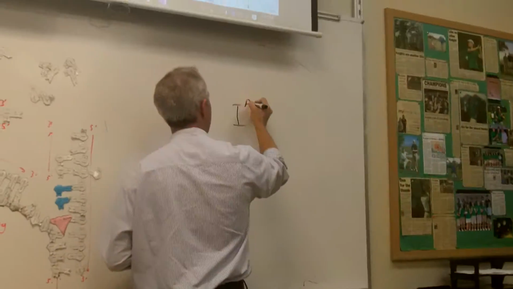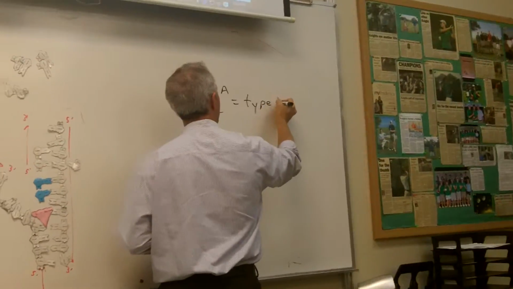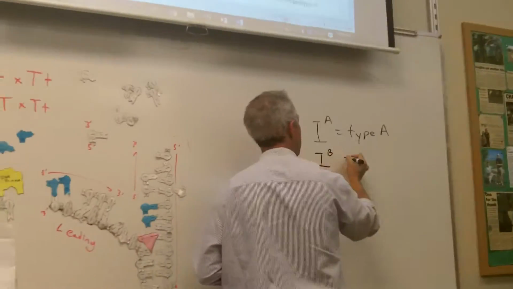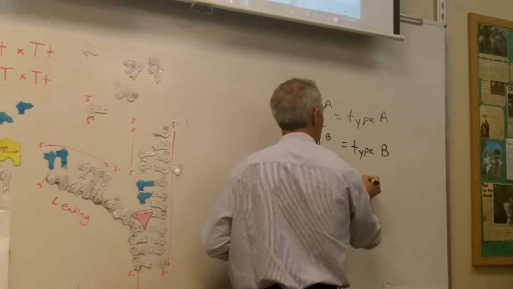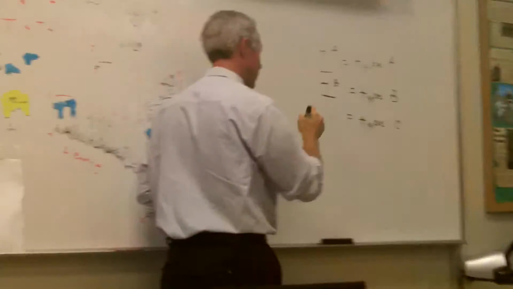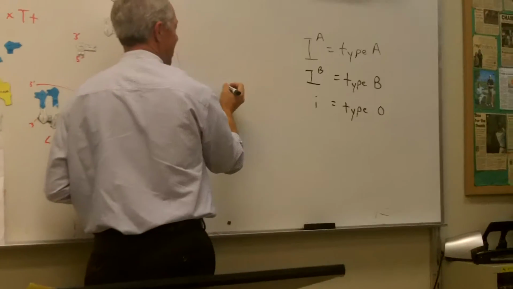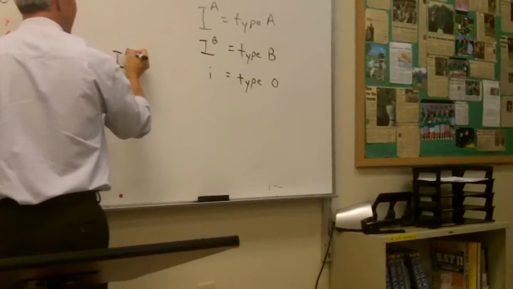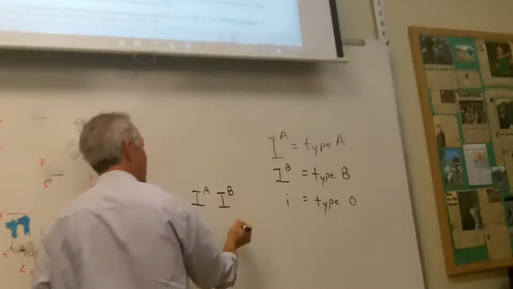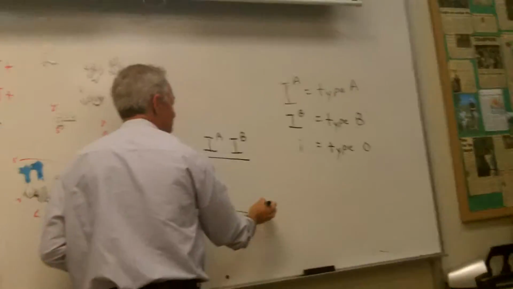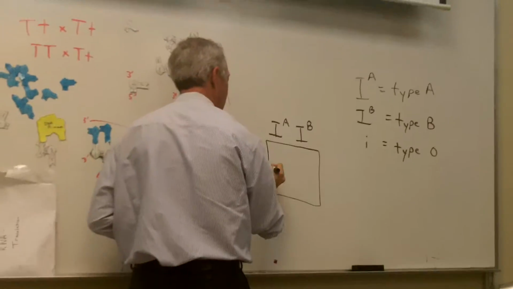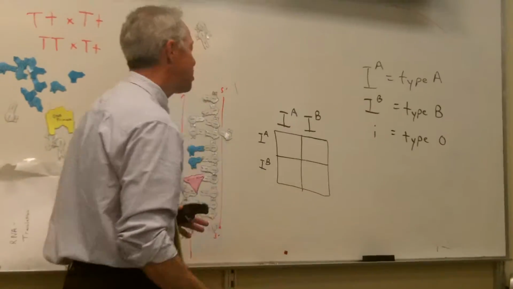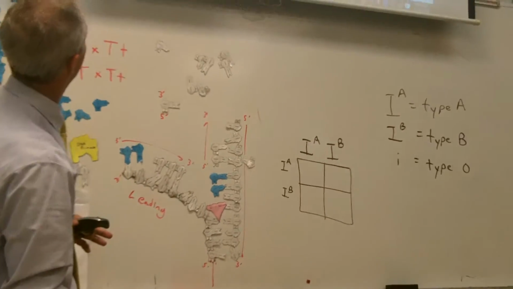IA equals type A. IB equals type B. Little i equals type O. So if the man is AB and the woman is AB, what could the kids be?